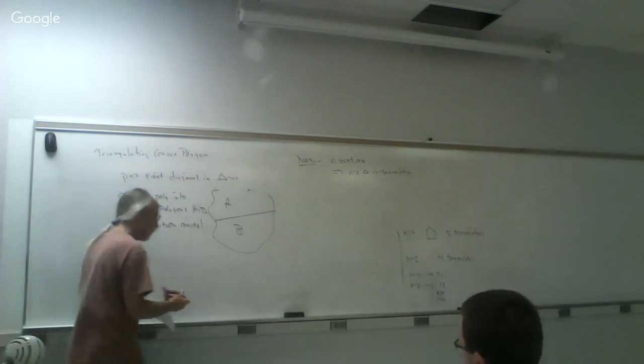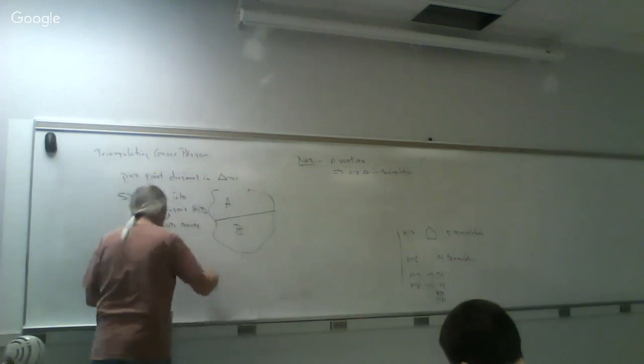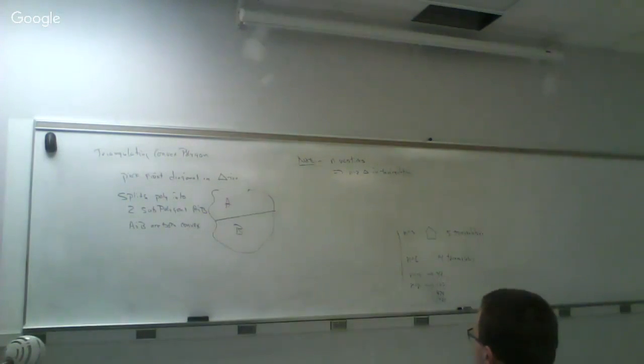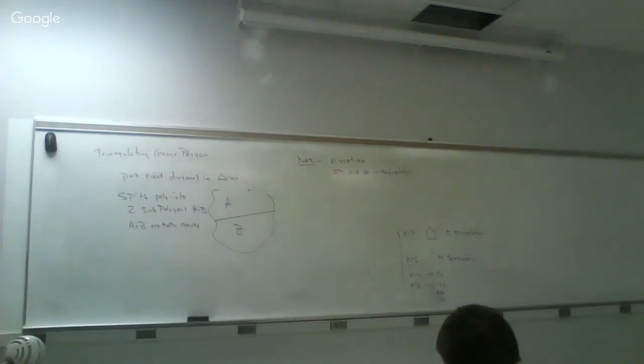Because we were convex originally, A and B are both convex. So in fact, this analysis will just persist. I haven't introduced any additional vertices because I ran a diagonal across.